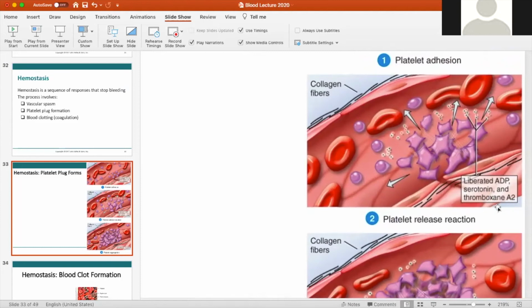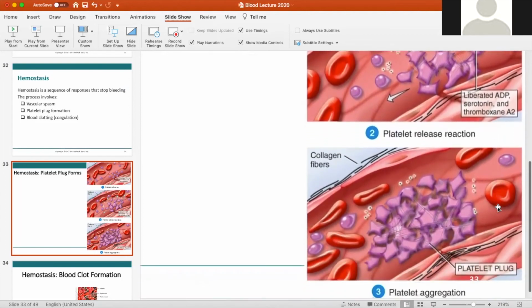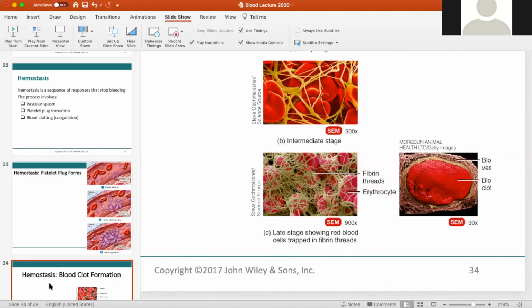All right, so that's when they're aggregating to the area. And once we have it to this area, we can see a little bit of mesh starting to develop there. So once that fibrin mesh is in place, then we have coagulation. So let's go ahead and go on to this next slide.